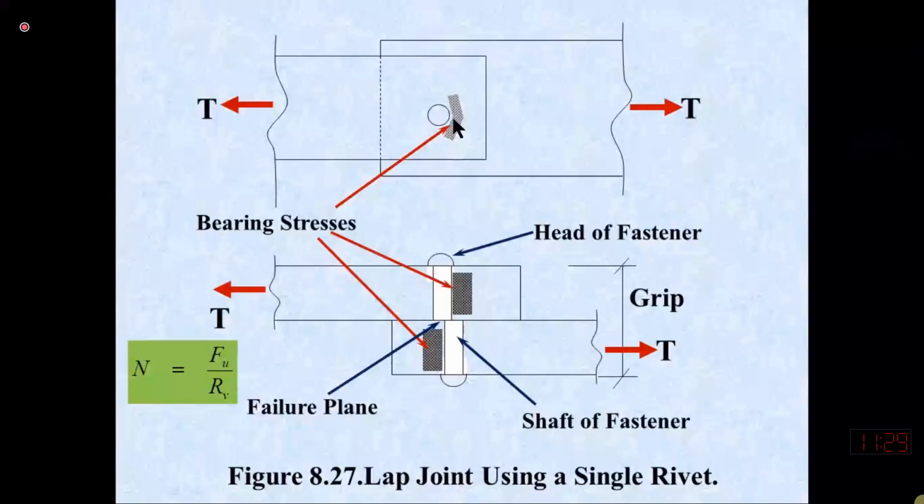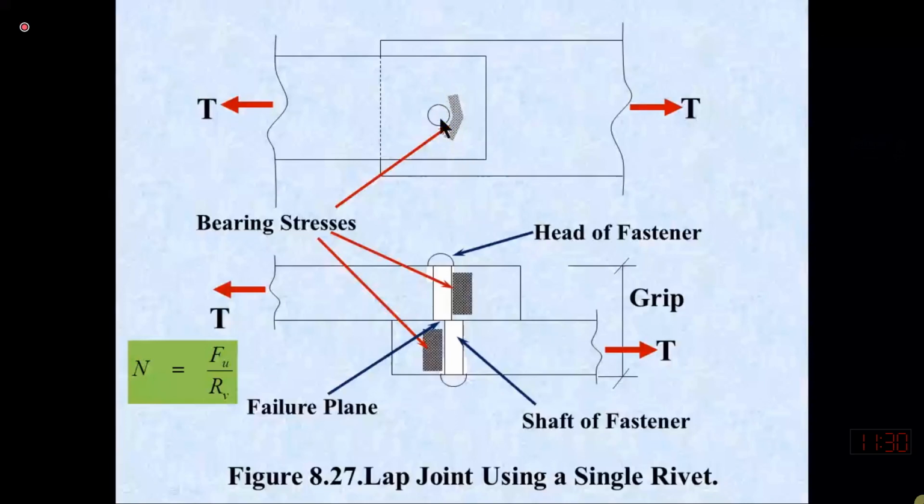So it means that the tensile or compressive force which is transferred from one member to the other member through this bolt is causing the bearing stresses, which are compressive by nature, on one side. If this force is compressive on this side, then this side will be under bearing. For example, if this force is acting on this side, then the bearing stresses are acting on the opposite side.